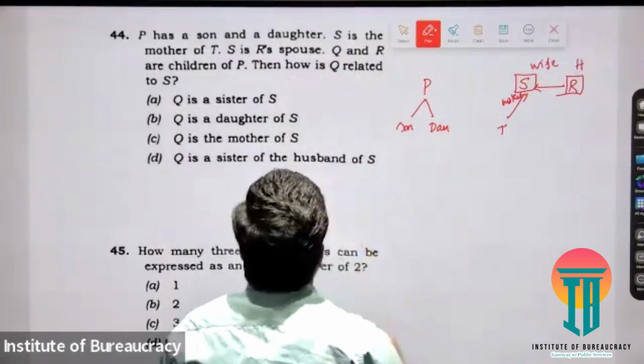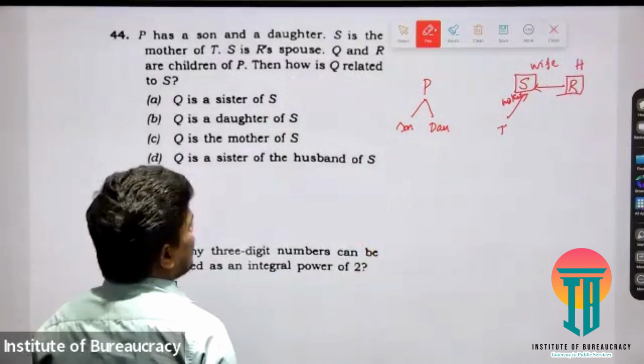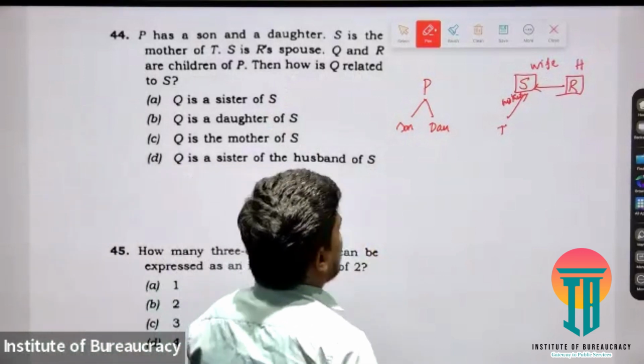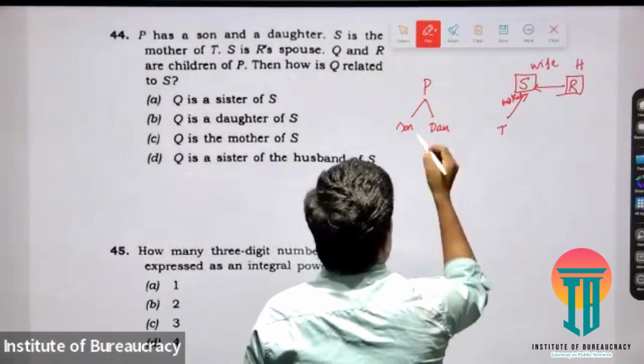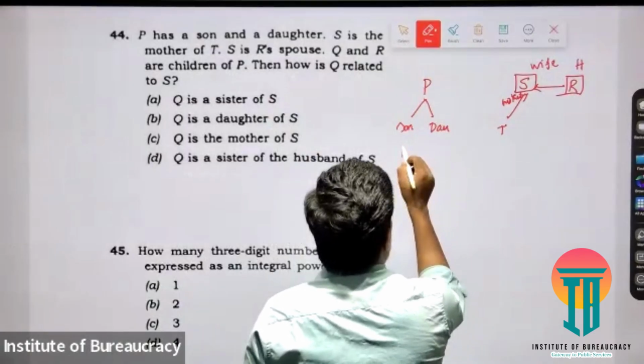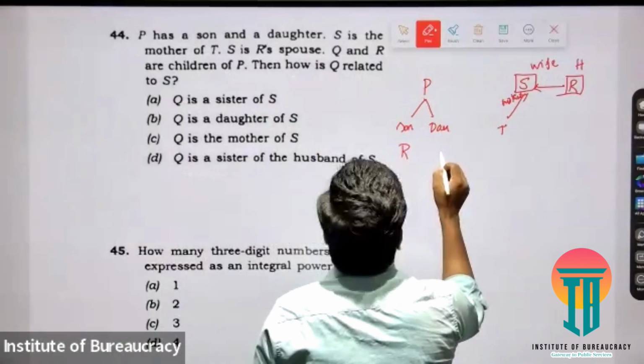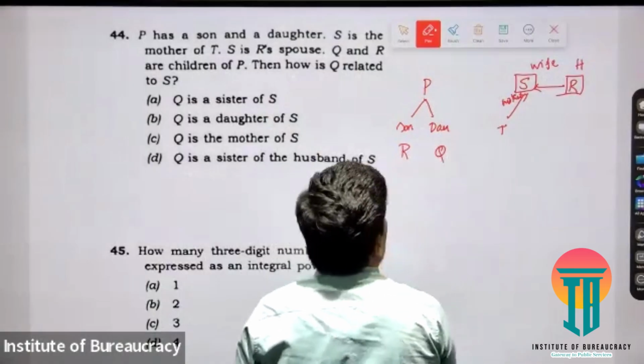Q and R are children of T. Q and R are children of T. That is, R is a man, so the son is going to be R. Q is going to be the daughter.